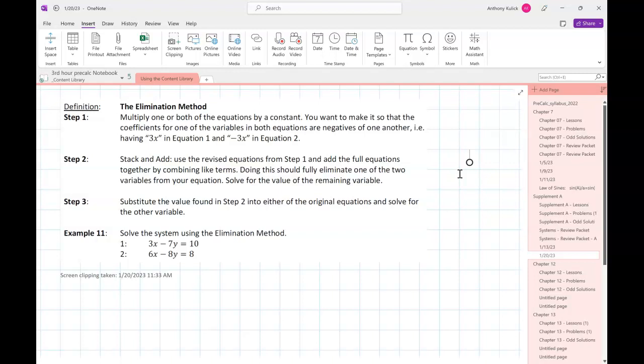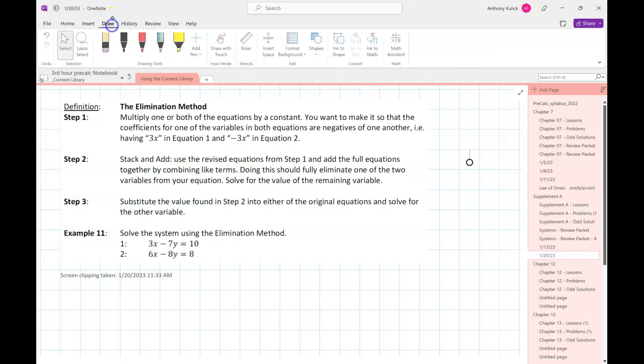Once I've done that, I'm going to add my two equations straight down. I'll add the left sides together and the right sides together. The result should be a third equation in one variable. That's step 2. I'll solve that equation for the remaining variable and then plug my answer back into a previous equation to solve for the second variable.